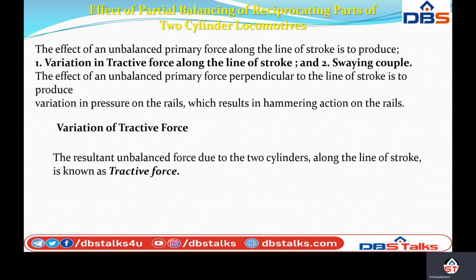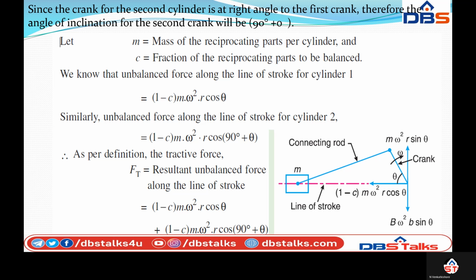Now we will discuss the effects of unbalanced primary force: variation in tractive force and swaying couple. What is the tractive force and what is the swaying couple? The resultant unbalanced force due to the two cylinders along the line of stroke is known as tractive force.